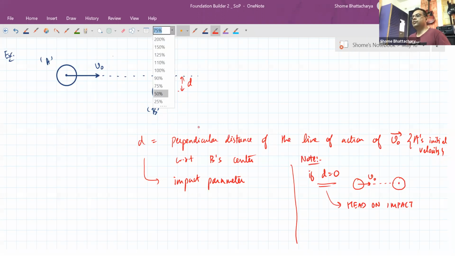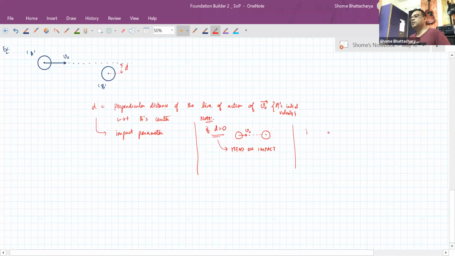Whereas if, for example, D is greater than the sum of their radii, this radius here is Ra and this radius is Rb, then as you can see, there is no impact. They miss each other.